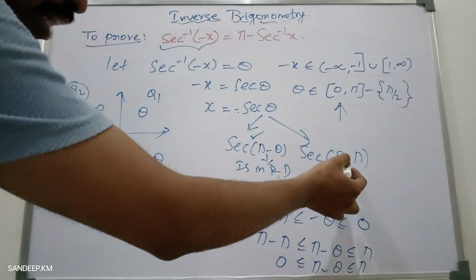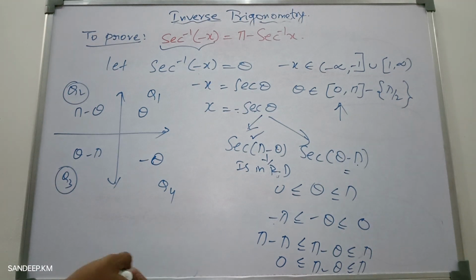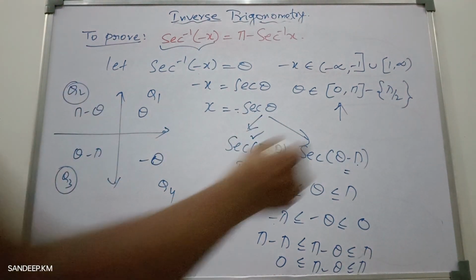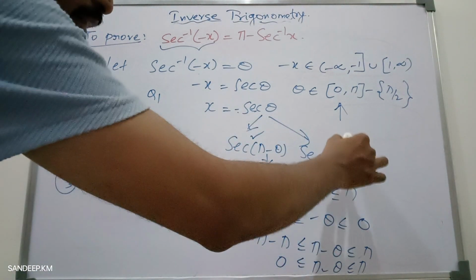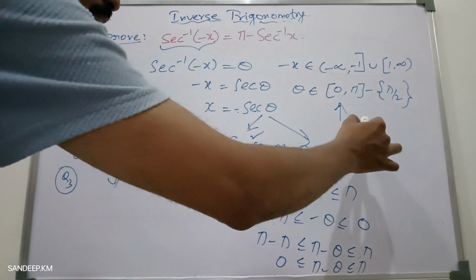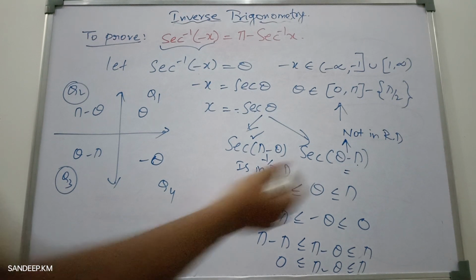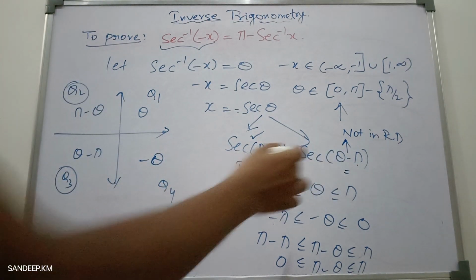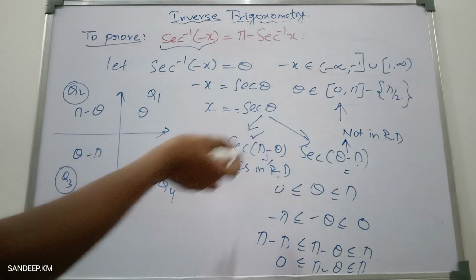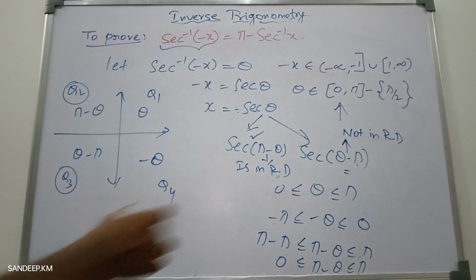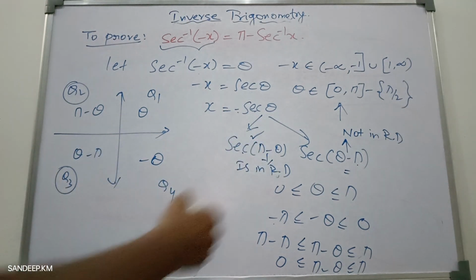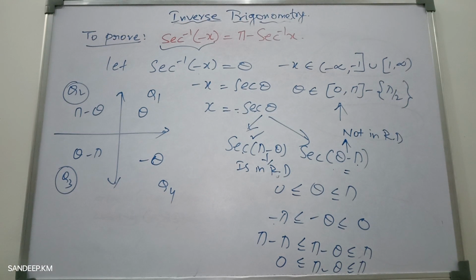If you check whether theta minus pi is in the restricted domain of secant using this method, you will understand that it is not. Theta minus pi is not in the restricted domain of secant. Pi minus theta is in the restricted domain of secant. So that's why I am choosing secant of pi minus theta, not secant of theta minus pi.